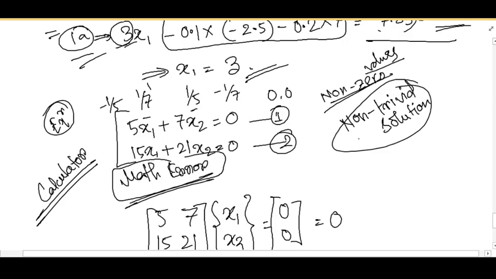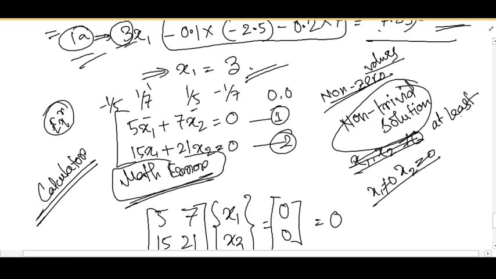Non-zero doesn't necessarily mean all the values x1, x2 should be non-zero, but rather x2 may be 0, but x1 will not. That means at least one variable must be non-zero. In that case, we will say that this is a non-trivial solution.